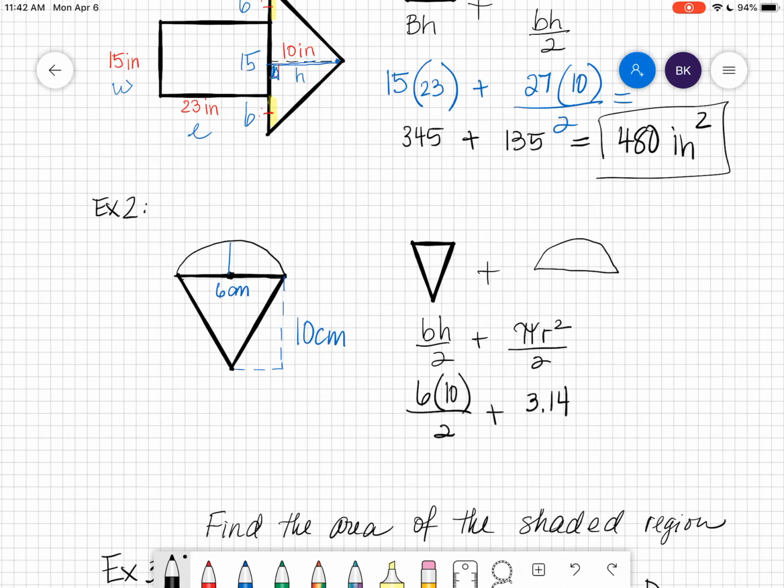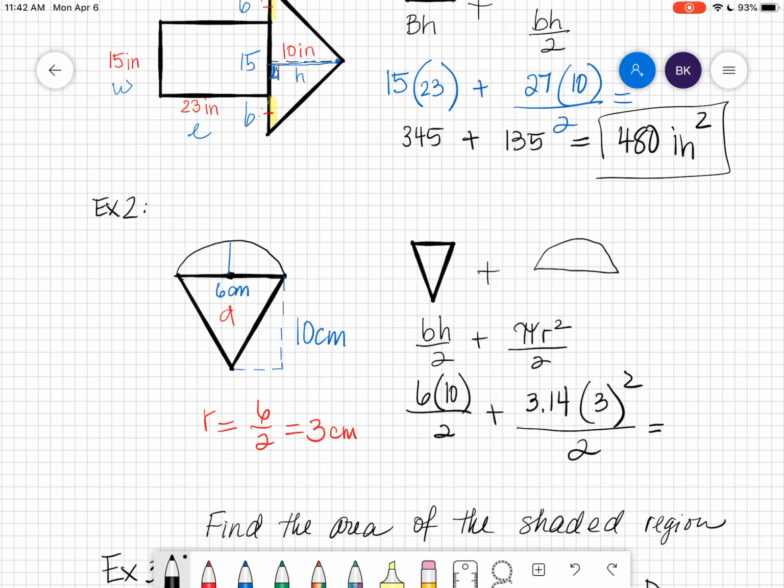Now we know that 6 centimeters is a diameter, so radius will be 6 divided by 2, which is 3 centimeters. And we will write this down, 3.14 times 3 squared, and everything is divided by 2.